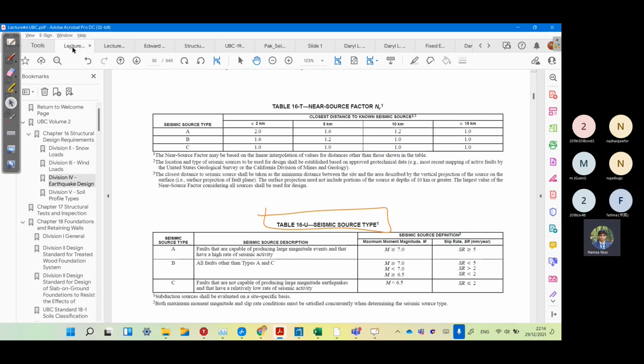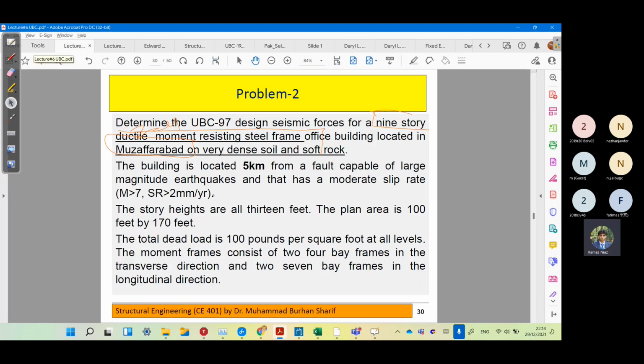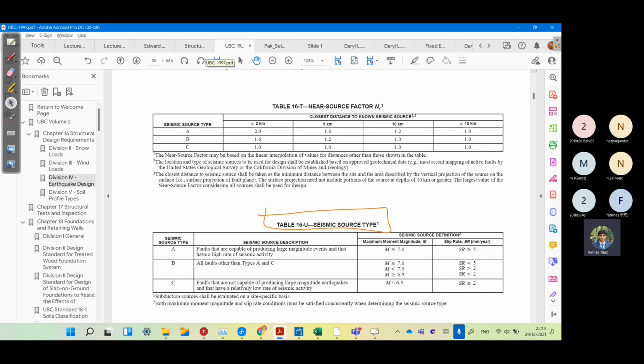It is given in this question for problem 2 that it has a moderate slip rate of 2 mm and magnitude of earthquake greater than 7. Magnitude is greater than 7, but slip rate is 2, which is less than 5. So the seismic source type would have been B.